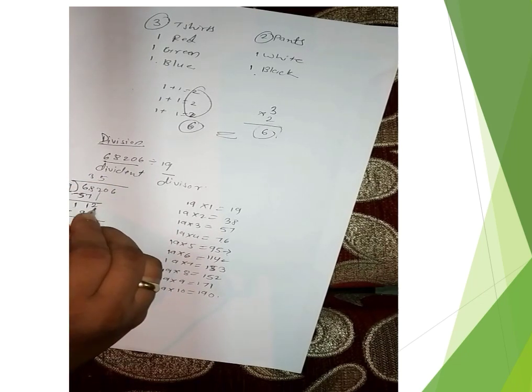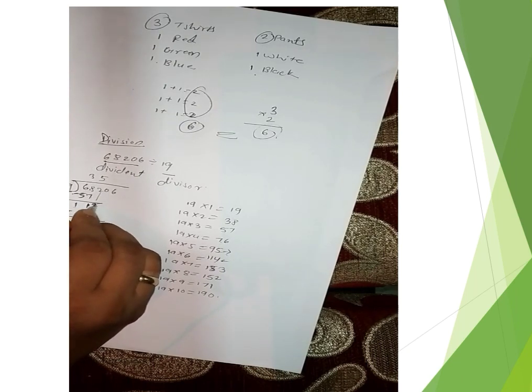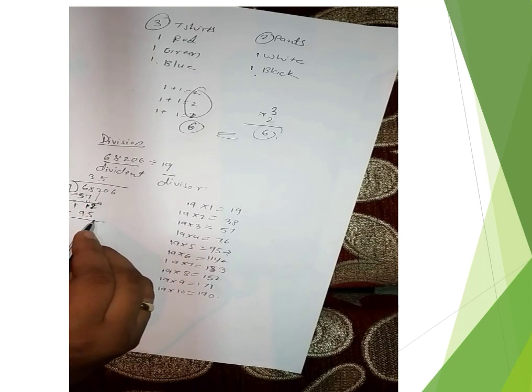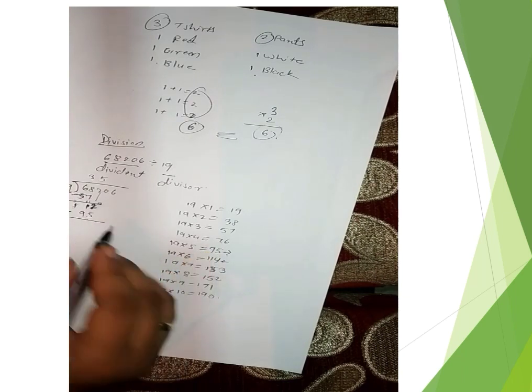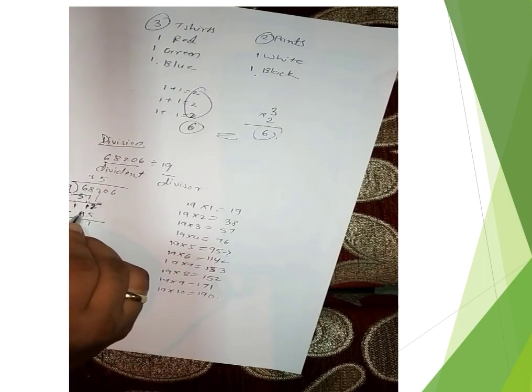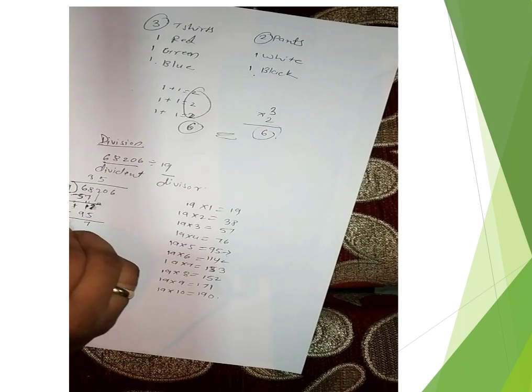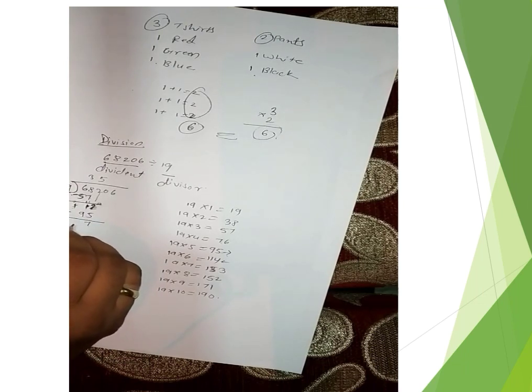So we will subtract this number. 12 minus 5 is 7, 11 minus 9 is 2, so we get 17.